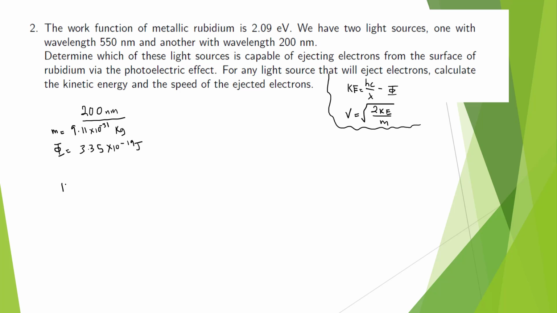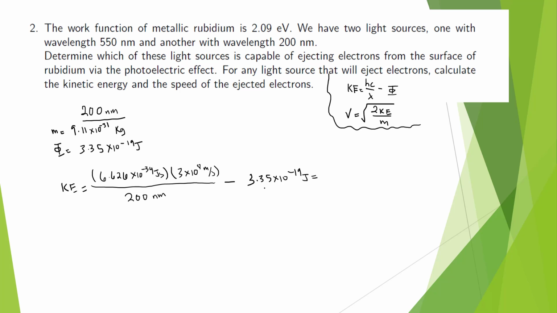We can calculate the kinetic energy, again, as Planck's constant, 6.626 times 10 to the negative 34 joule seconds, multiplied by the speed of light, 3 times 10 to the 8 meters per second, divided by the wavelength that we are looking at, 200 nanometers, minus the work function, the same work function as in the last portion of the question, 3.35 times 10 to the negative 19 joules.